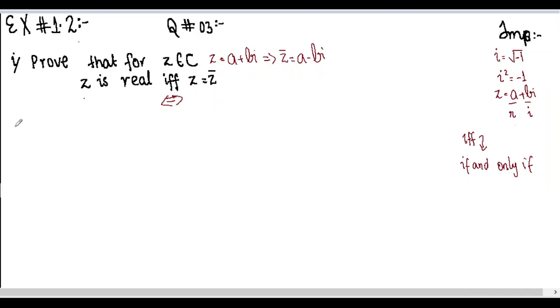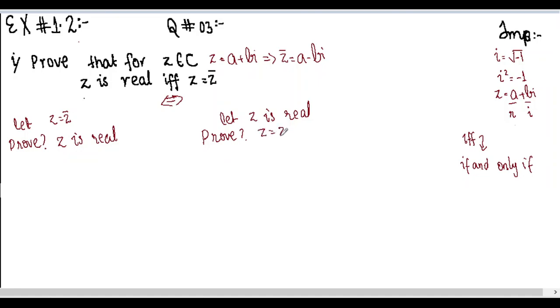So first of all, we let z equals z bar, and we have to prove that z is a real number. And as the next portion, we let z be real, and we have to prove that z equals z bar.